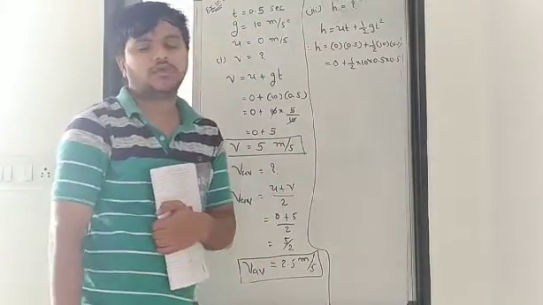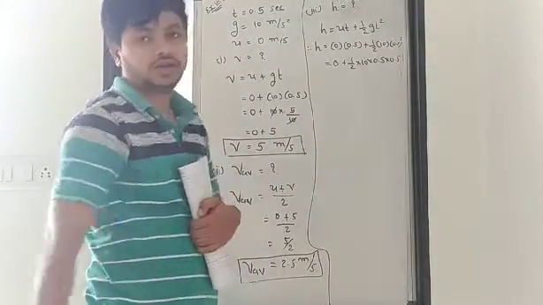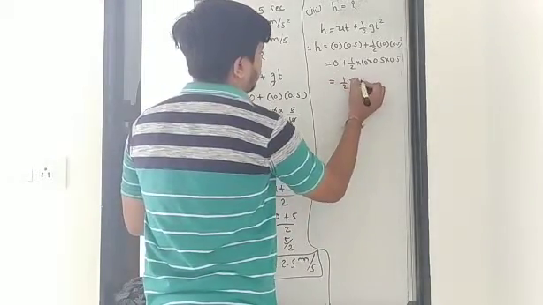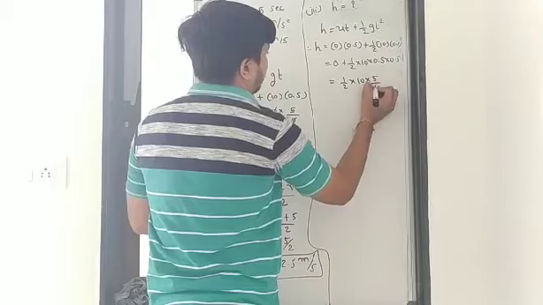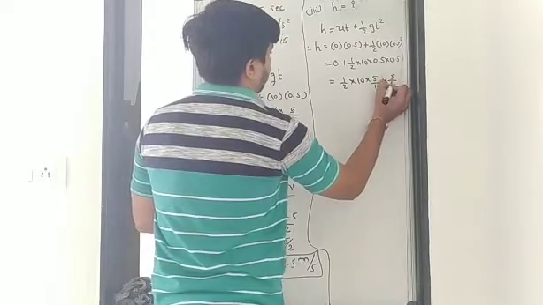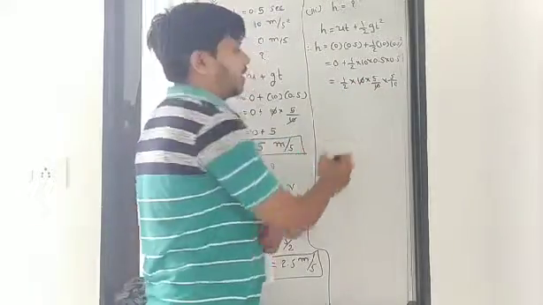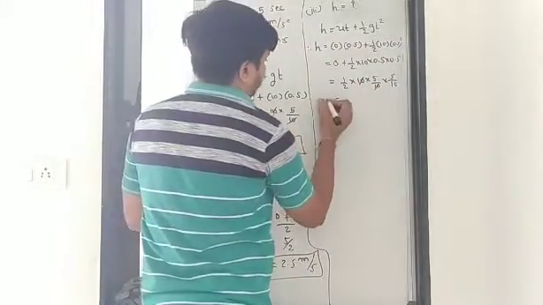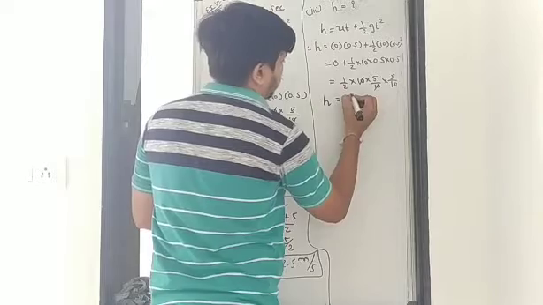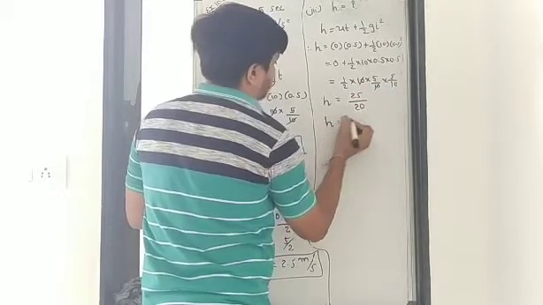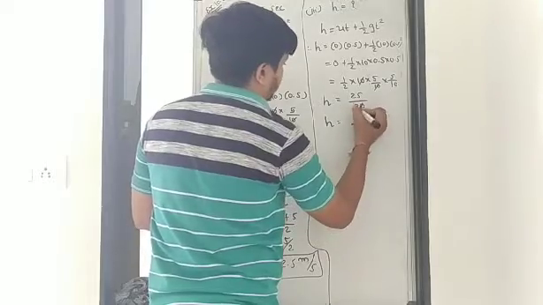As I said, if you want to take a square, then you just have to put it two times, right? So it's 1/2 into 10, 0.5 by 10, 5 by 10. If we remove the decimal, these cancel out. So what's your answer? 5 5s are 25 divided by 10 into 2, 20. So h is equal to 5 by 4.